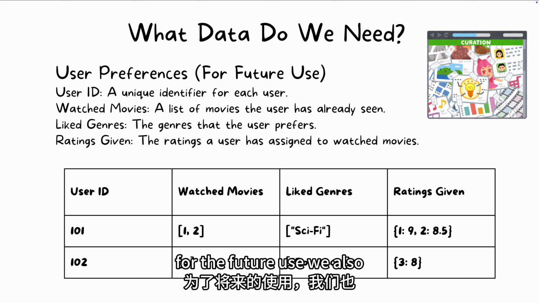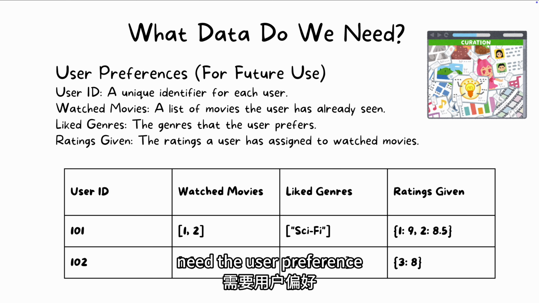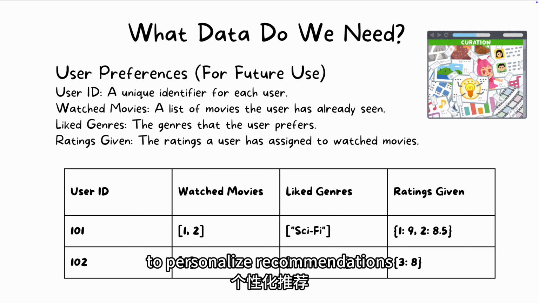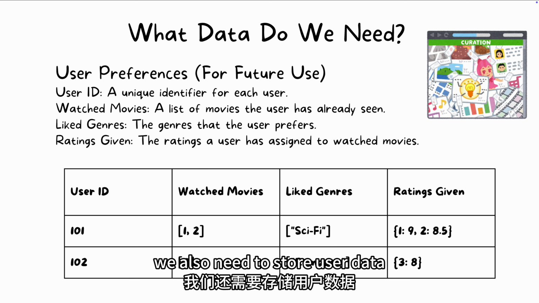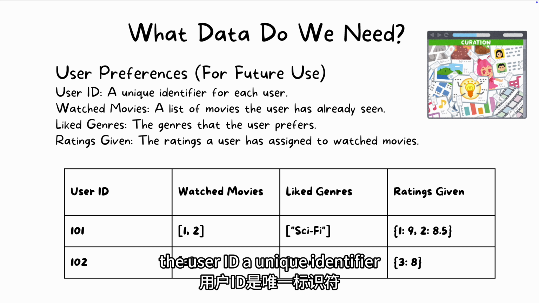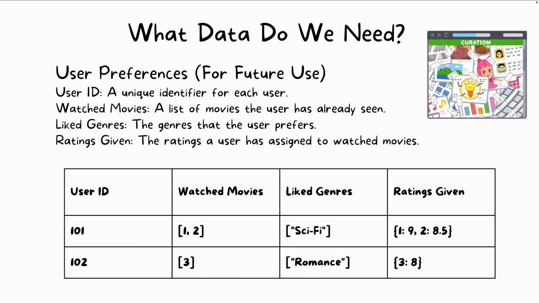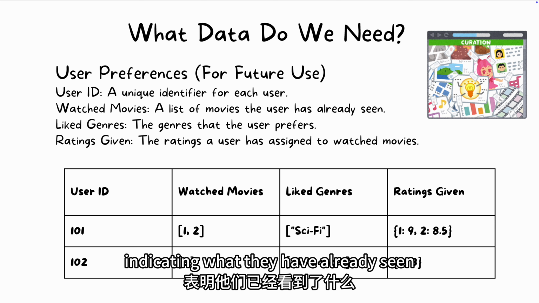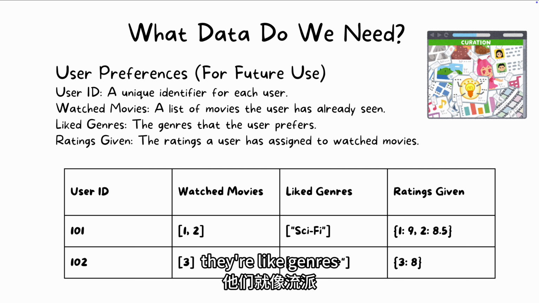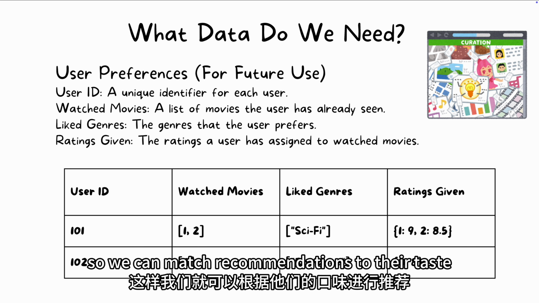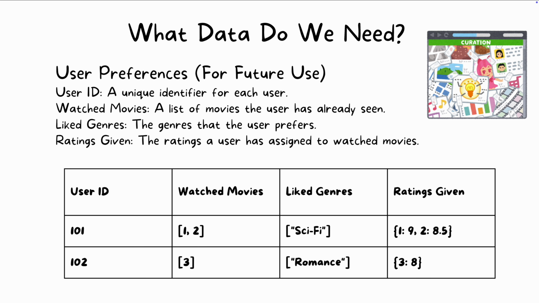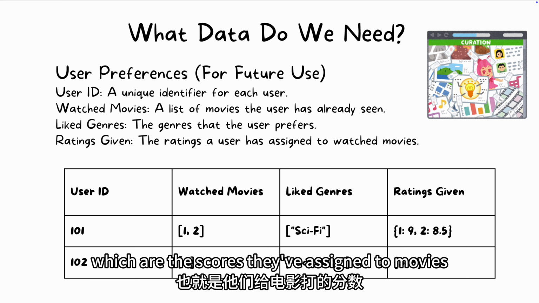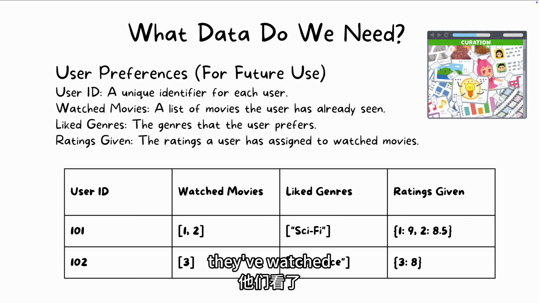And for future use, we also need the user preferences. To personalize recommendations, we also need to store user data: the user ID, a unique identifier for each user; a list of watched movies, indicating what they have already seen; their liked genres, so we can match recommendations to their taste; and the ratings given, which are the scores they've assigned to movies they've watched.